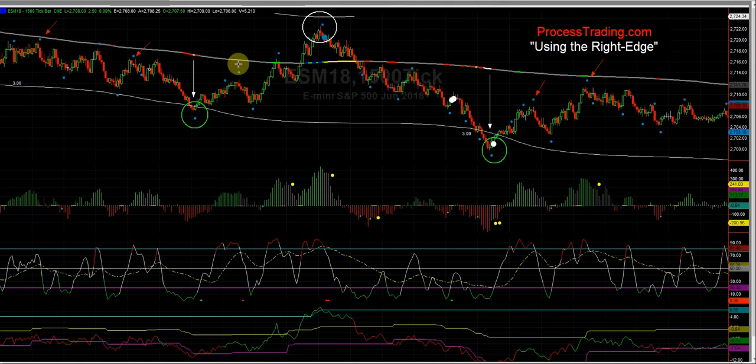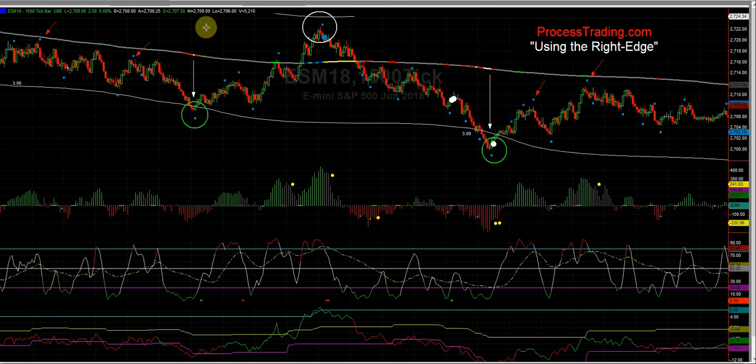And you will see that we often talk about trend trades. In the processtrading.com trend trade system, you can trade to the downside when the process trading VWAP is gray, or you can trade to the upside when it's yellow. When it's gray, you have to have a timing alert dot that is above the price bars. So on this day, you could have taken a trend trade using this dot or this one or this timing alert or this timing alert.